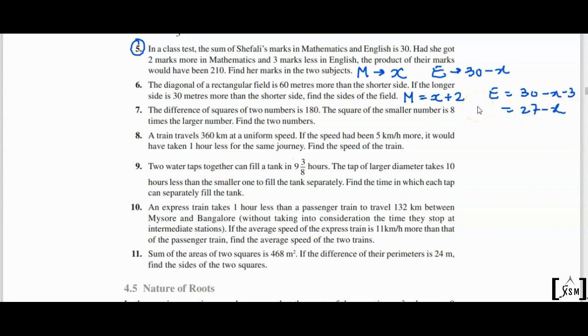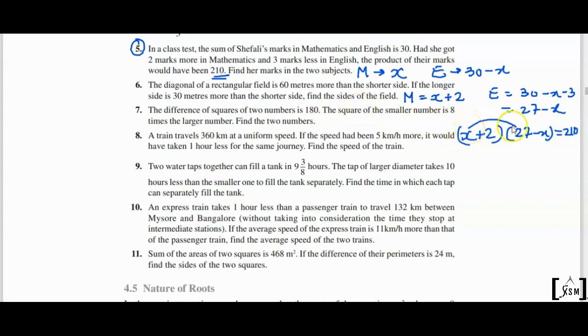So if this happens, the product of their marks would be 210. Okay, so we'll multiply these two numbers. So (x plus 2) times (27 minus x), the product should be equal to 210. We'll solve that.